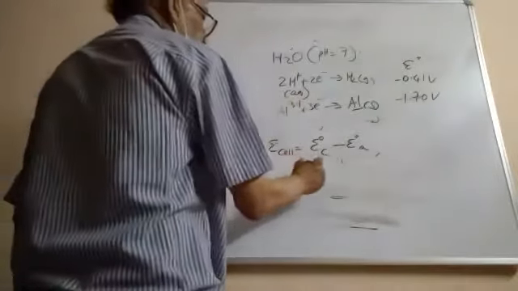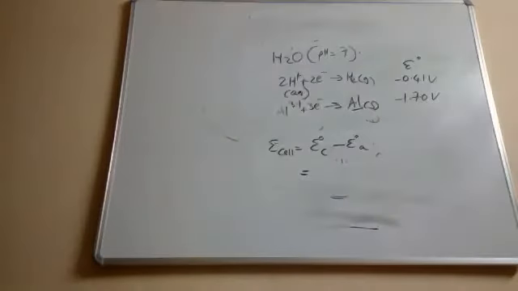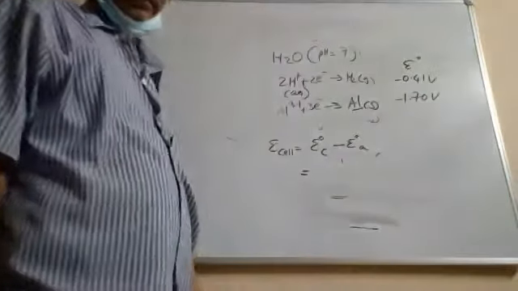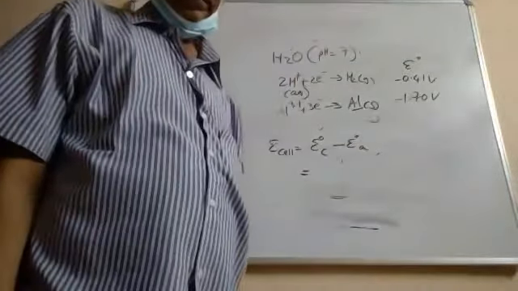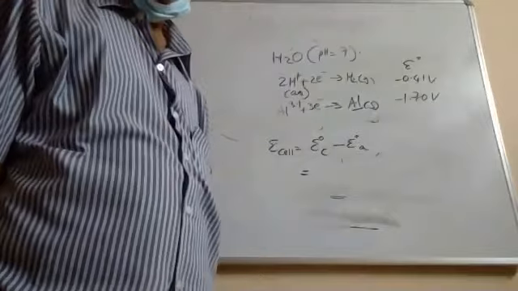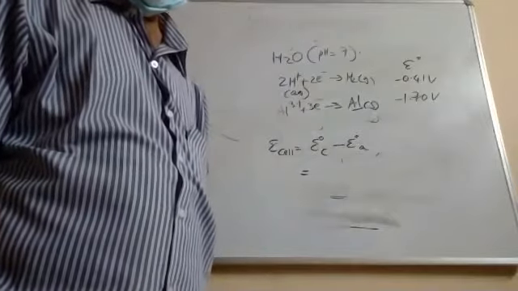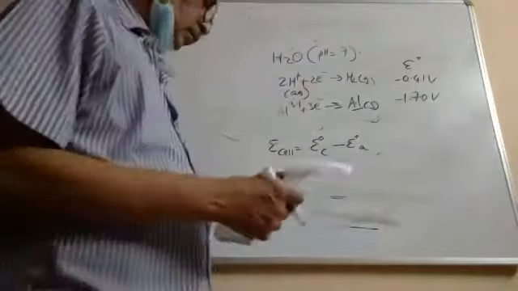Can anyone tell me what the cell potential for this is? Use the same method that you have used for magnesium and tell me what the value should be. I got 1.29 volts positive, so it should be spontaneous.